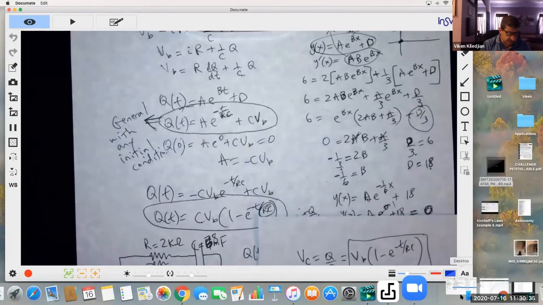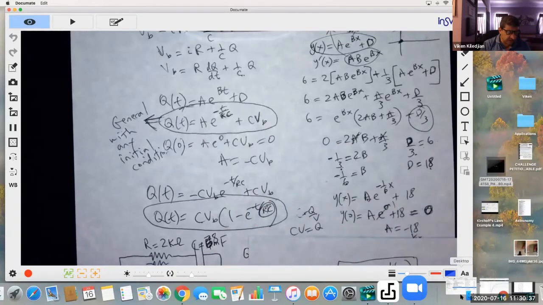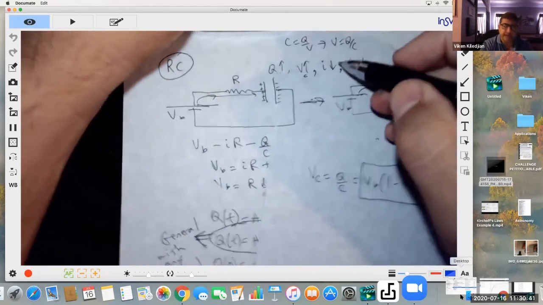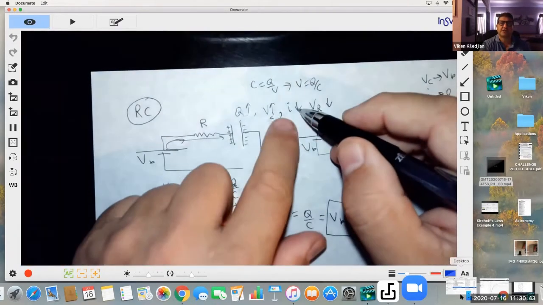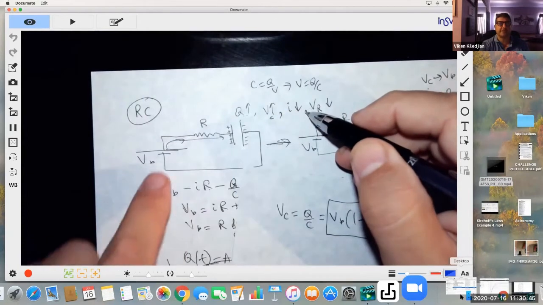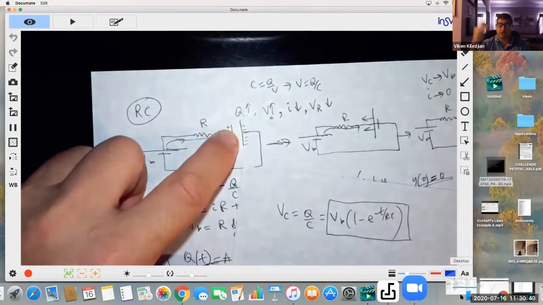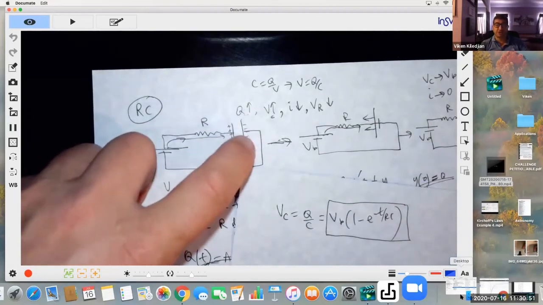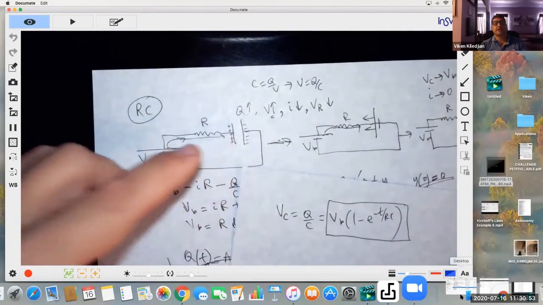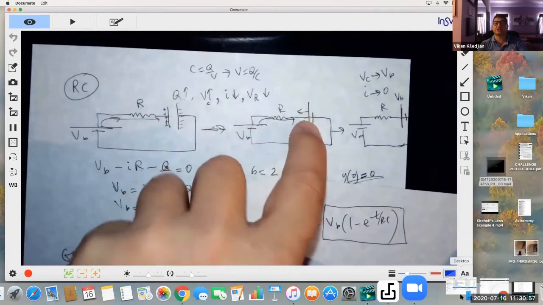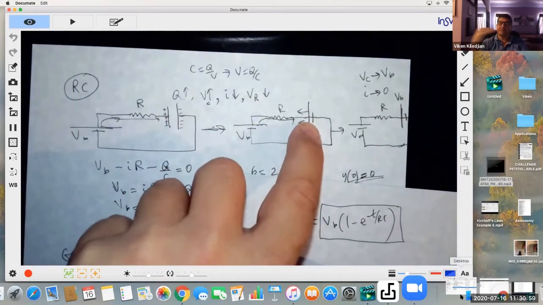And then, okay, now how about the current in the circuit? Remember earlier, we had predicted that the opposite should happen. Well, initial current should be very large because the capacitor is not opposing you. And then the current should start dropping as the capacitor starts to behave like an opposite battery.